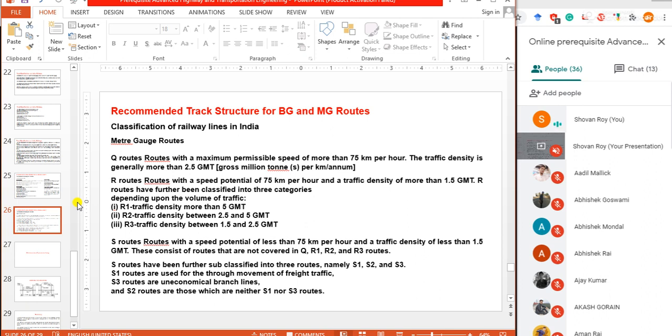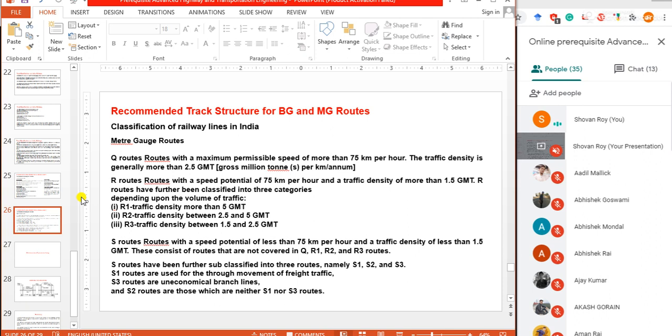So from time to time, based on the requirements of the people and the situation, the speed has been modified, and the tracks have also been modified due to these situations and based on the requirements of the people of India.